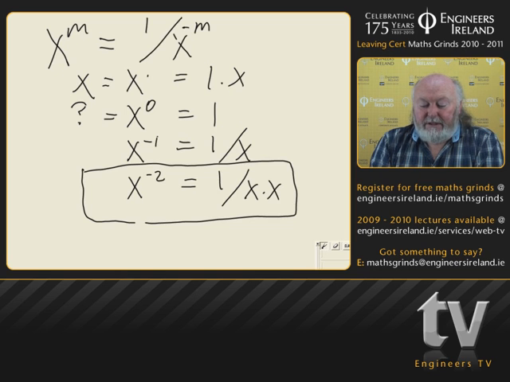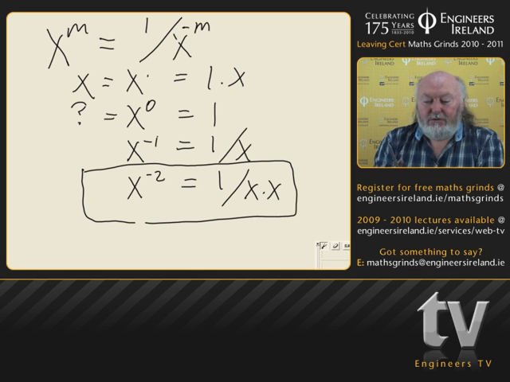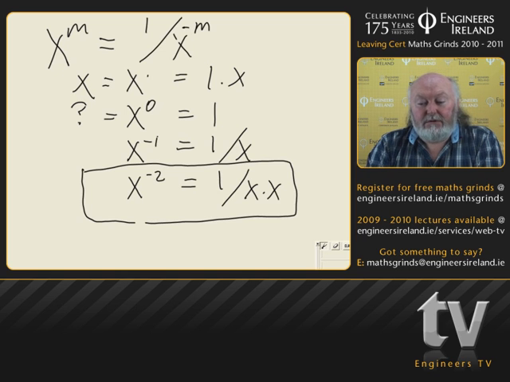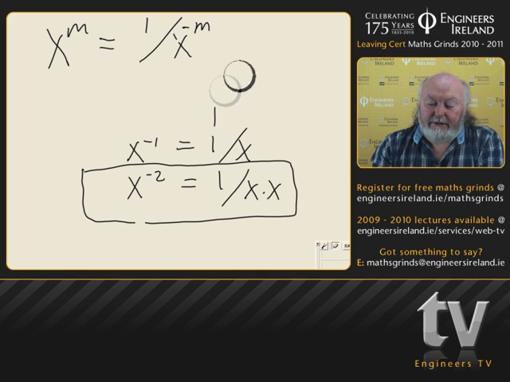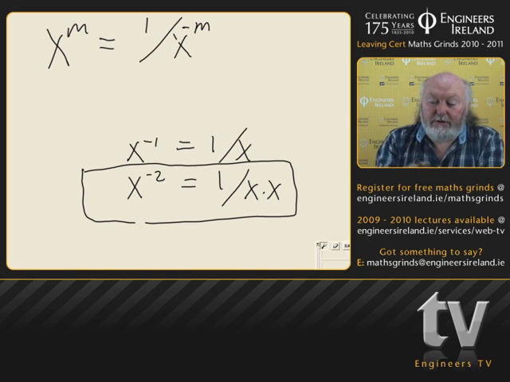So we're basically saying when you have x to some power, it's equal to 1 all over x to that power only brought to the negative. Now, I've written it in a fashion that you don't normally see it, and I've done it on purpose.